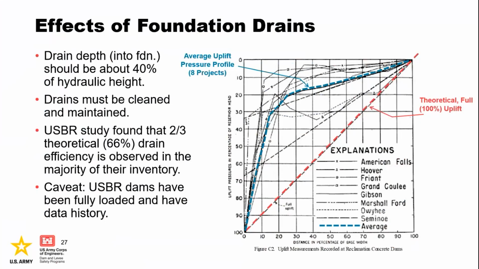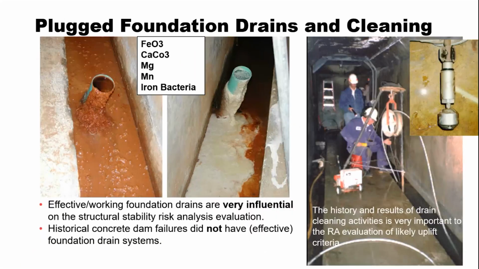It's slightly counterintuitive because 100% uplift is on the bottom, 0% is at the top. So this blue line shows a decrease in the foundation pressures. One problem is iron bacteria and calcium carried in the drain flow can result in blockage of the drains.